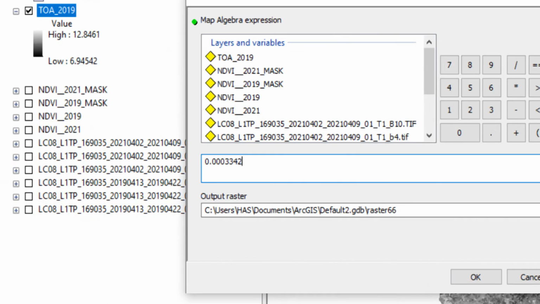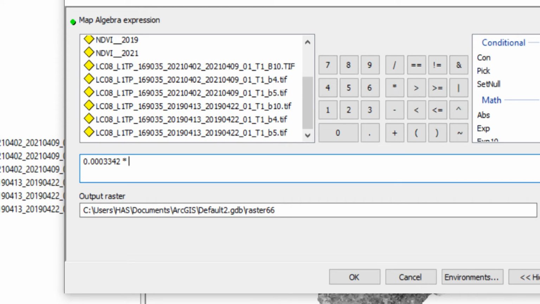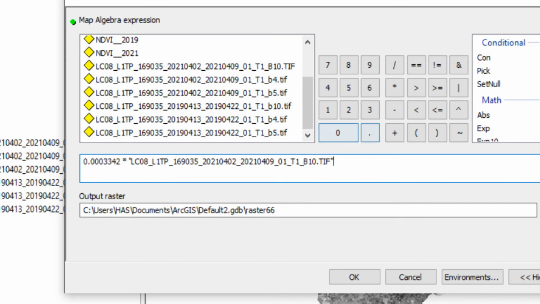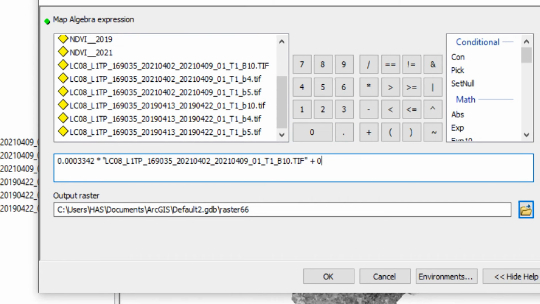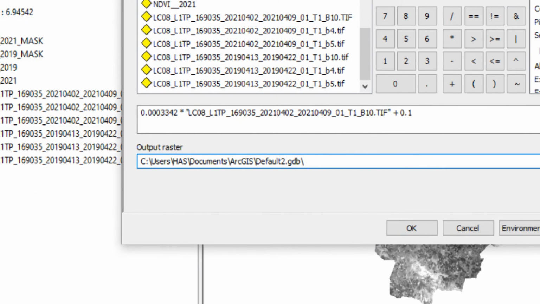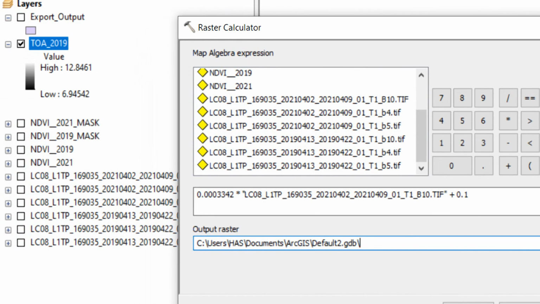So again, we have the ML value multiplied by band 10. This time we will choose 2021, add 0.1, or plus 0.1. So we're gonna name it TOA 2021.